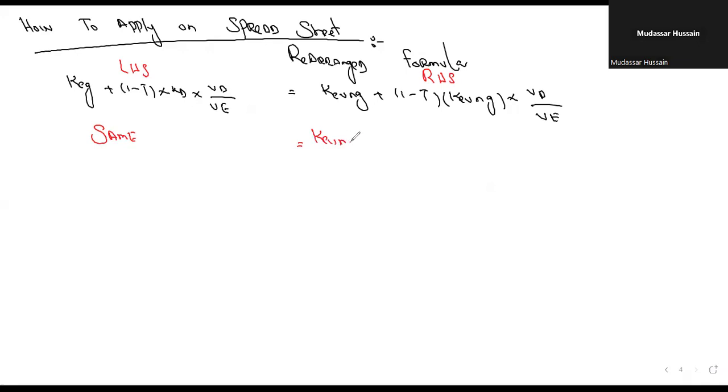So cost of equity ungeared plus 1 plus 1 minus t into value of debt over value of equity. What we have taken? We have taken this ungeared cost of equity common on the right hand side, and the left hand side will be same, no change.